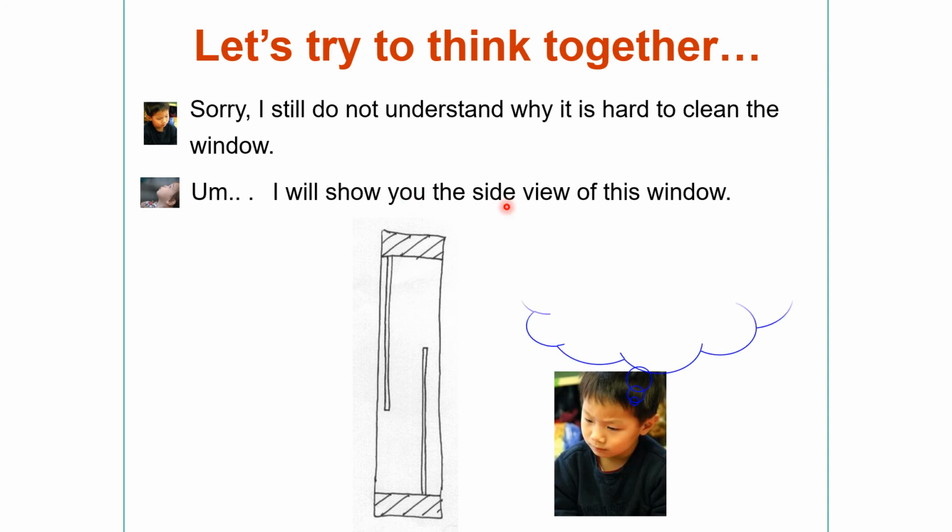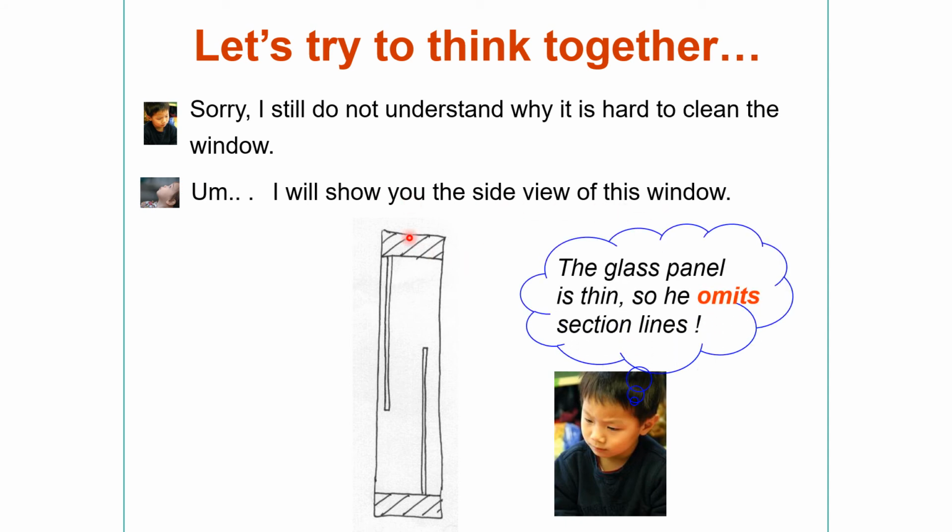I will show you the side view of the window. So here is the side view. One panel is fixed at the top, one panel is fixed at the bottom. So it is difficult to reach a hand from this panel and clean the outside. The glass panel is thin, so section lines are omitted.